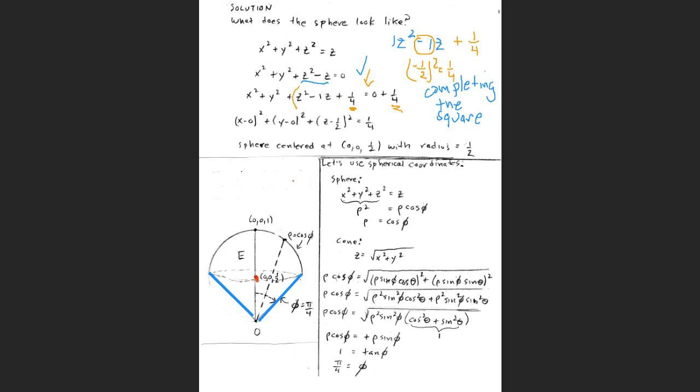But z squared minus 1z plus a fourth then is the same as z minus 1/2 quantity squared.